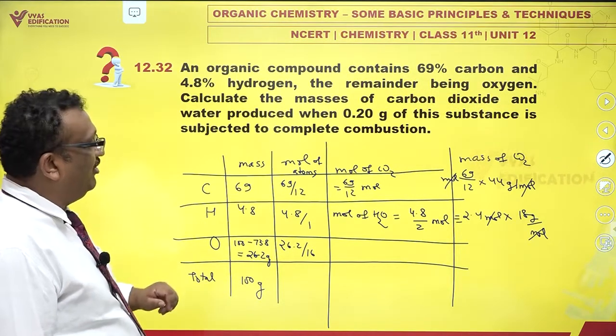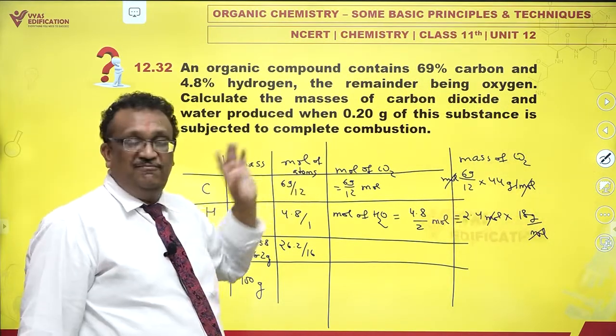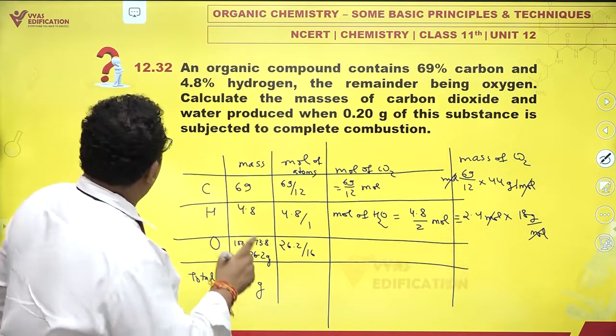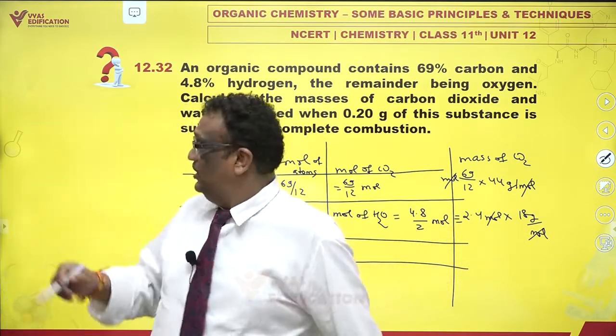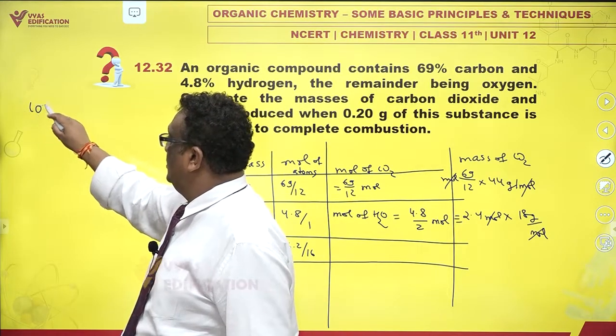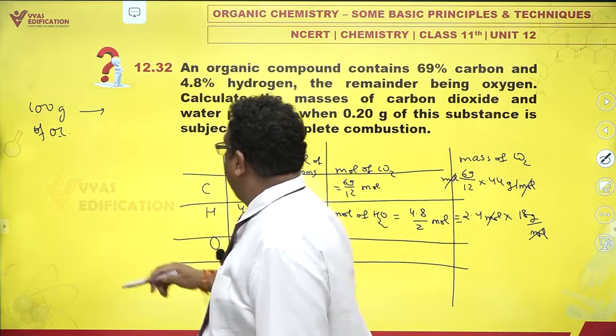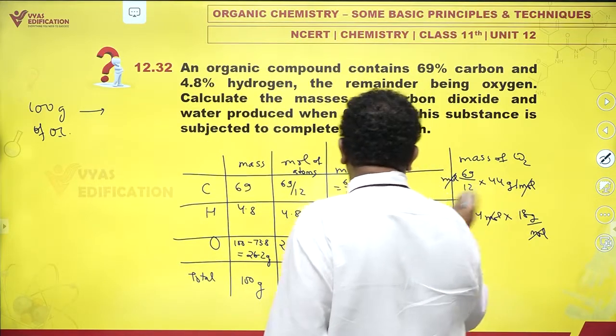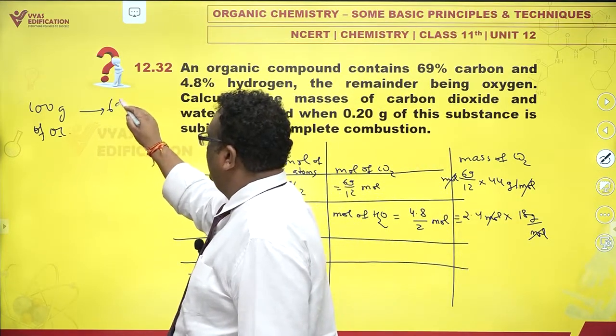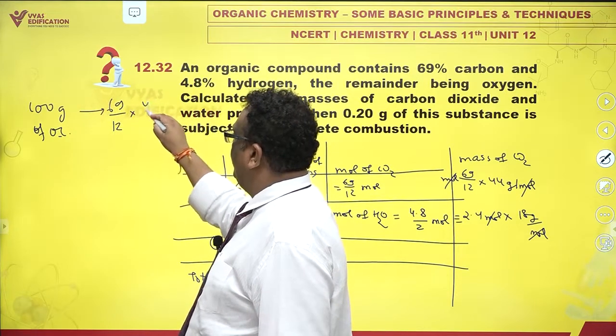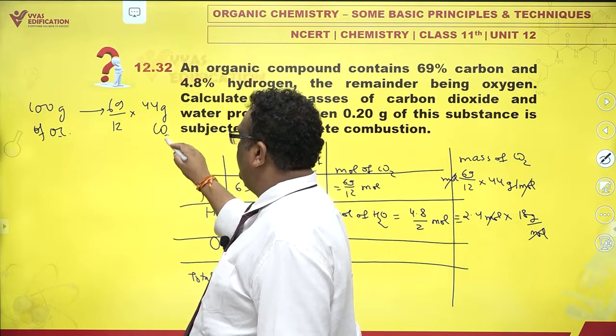But I don't have 100 grams. Instead of 100, I just have 0.2 grams. So this is simple ratio and proportion. 100 grams of organic compound gives how many grams? 69 by 12 into 44 grams CO2.